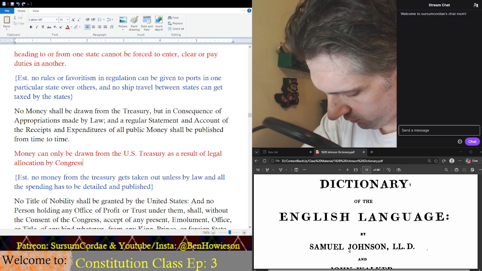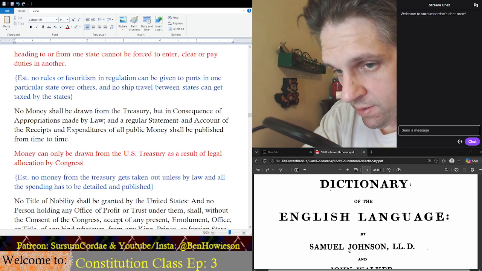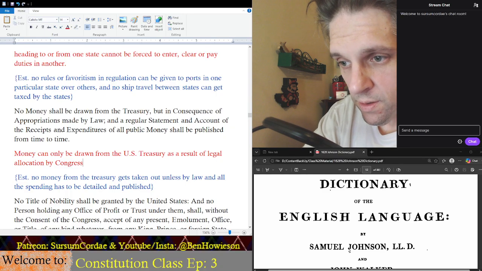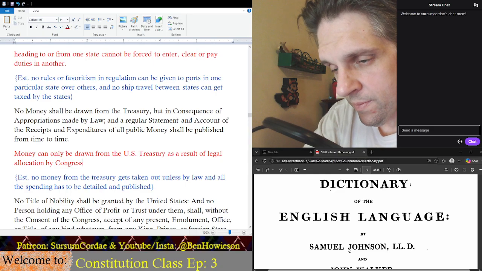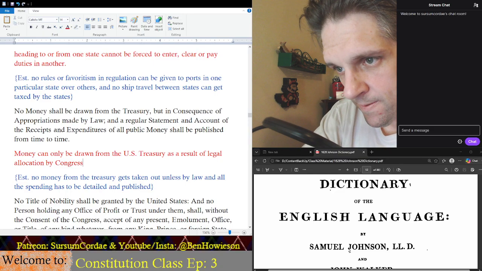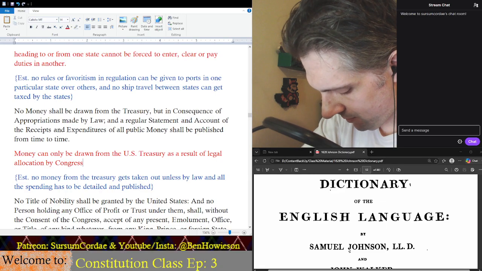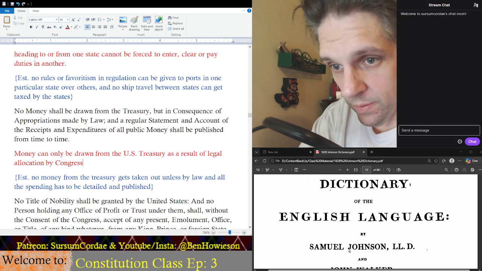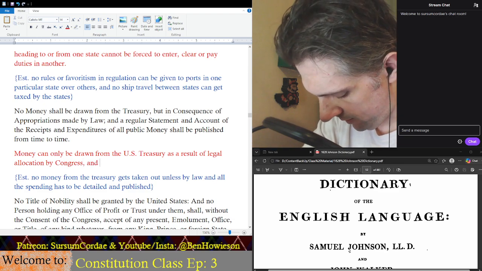And it can only be drawn from the U.S. Treasury as a result of legal proceedings, legal, because really allocation is like the best word for that. That's probably the problem. Well, let's keep it, I guess. I'm going to run through and edit these further anyway.